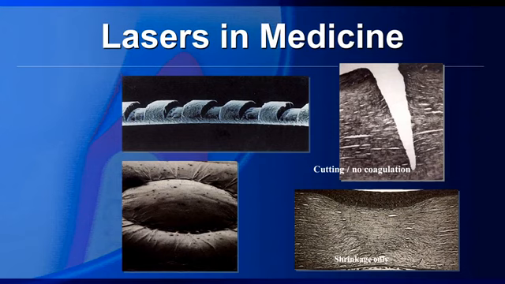I can go through and cut tissue and coagulate it. I can cut tissue and not coagulate it. I can melt two tissue types together. I can go through tissue that I'm not interested in or not targeting. In the case of a varicose vein laser, for instance, I can go to the varicose vein clinic. They have a laser that will go through my skin, my connective tissue, and any muscle and go to those very blue varicose veins.